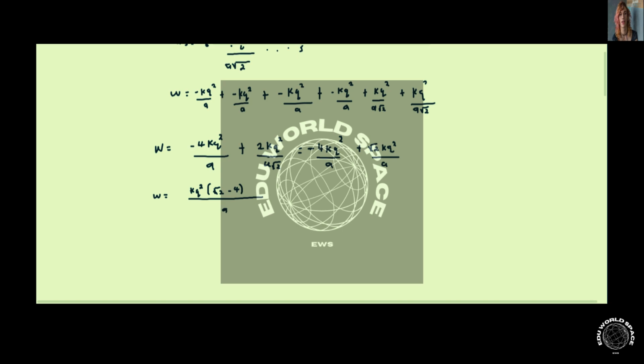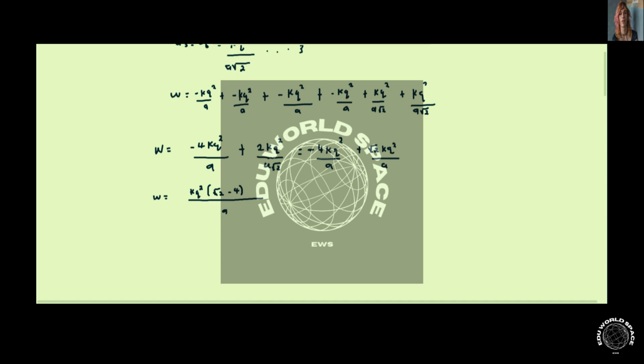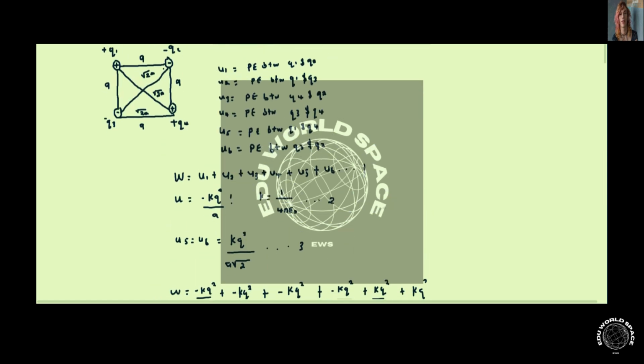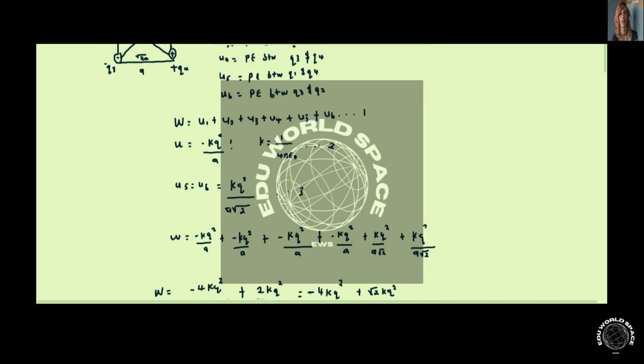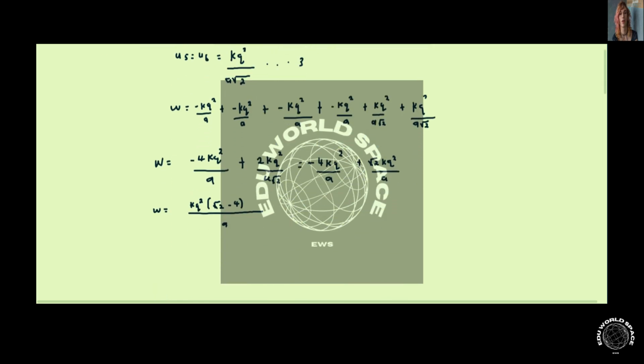Now you can factor in your values for K, which is your constant. K, as we know, is given by equation 2, 1 over 4 pi epsilon sub 0.